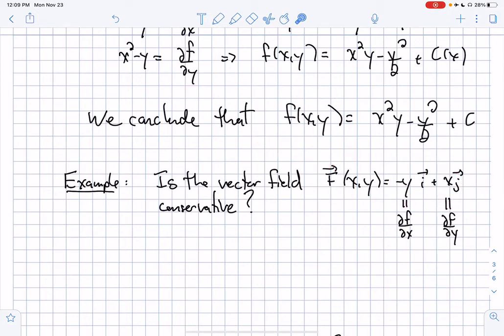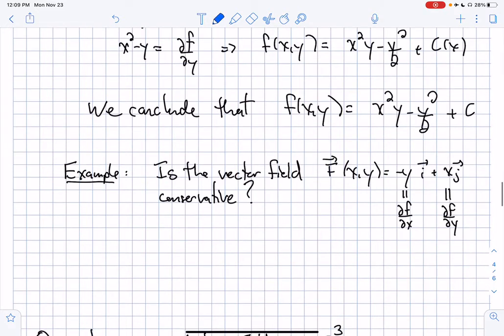Okay, what about this guy? The vector field that at the point x, y, I associate the vector minus y, x. Is that conservative? No. Why? If it were conservative, the first component would be the x derivative of little f.